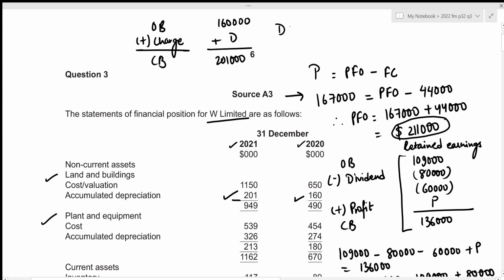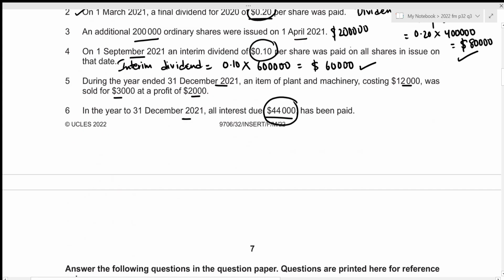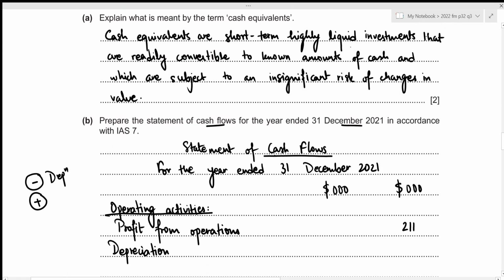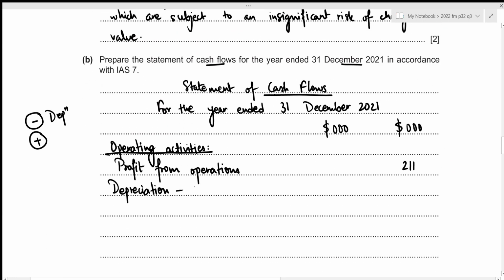So the depreciation charge for the year for building is going to be 201,000 minus 160,000, which results in 41,000. Let's add this in our operating activities section. So this is the depreciation for building, and that was 41,000.